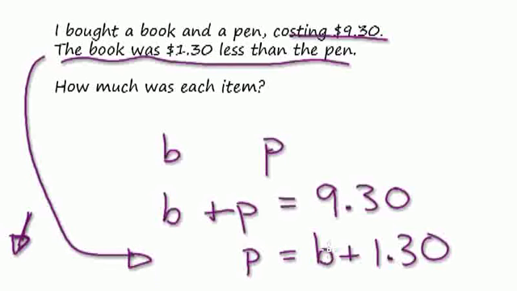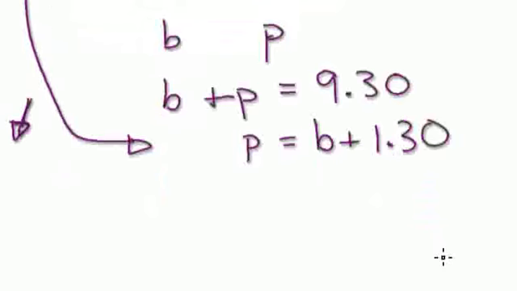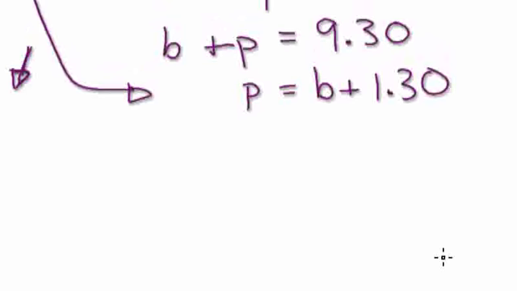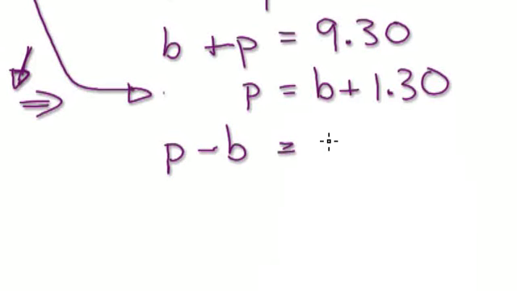P equals B plus $1.30. Now it's just a matter of killing off one of the variables. There are lots of ways of doing this, but you could take away B from both sides. So let's take away B from both sides here. We will have P down here, then take away B over here, and on this side you will have 1.30.